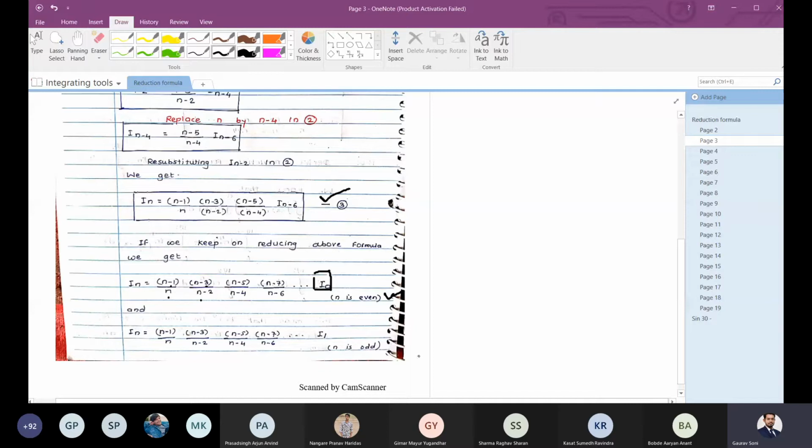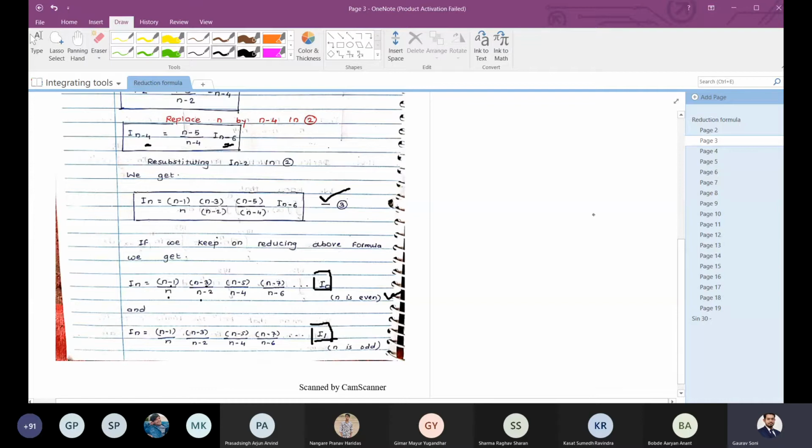And if n is odd, then the last term that I will always get is I1, because I am subtracting 2. You can see that after every step we are subtracting 2. So In is related to I(n minus 2), which is related to I(n minus 4), which is related to I(n minus 6), and it will go on reducing. So when you are subtracting an even number, at the last stage you will get I1 or I0.